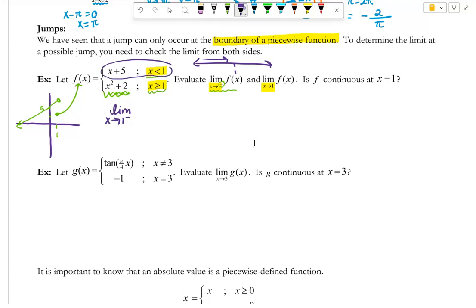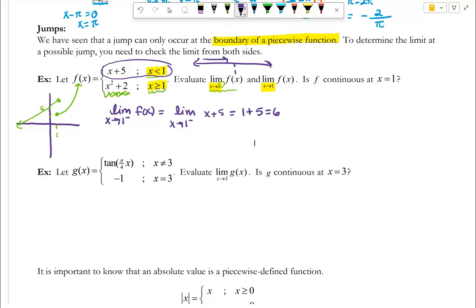So I know I want to use this top piece. So this limit is just equal to the limit as x approaches 1 from the left of x plus 5. And so that's just going to be 1 plus 5, which is 6. And we could see that visually on the graph we sketched, that from the left we would expect this line to be approaching the number 6.